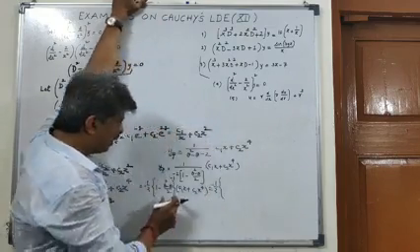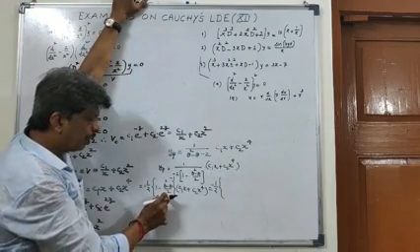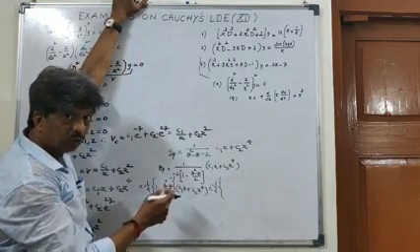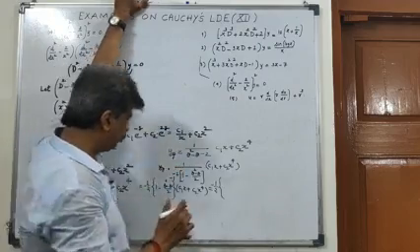Now I would be expanding this, 1 minus x to the power minus 1 up to the theta raised to power 4.